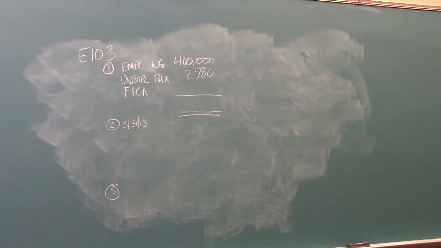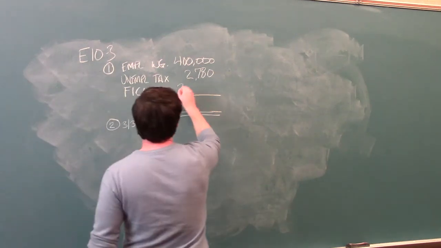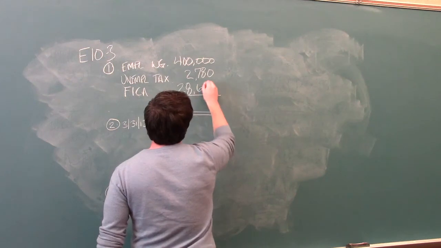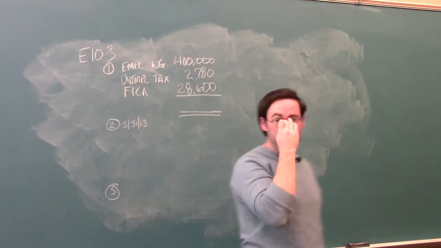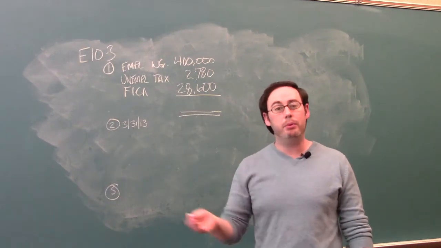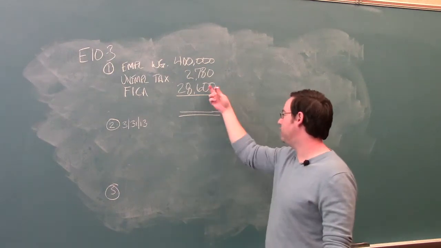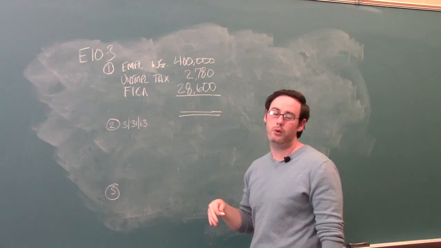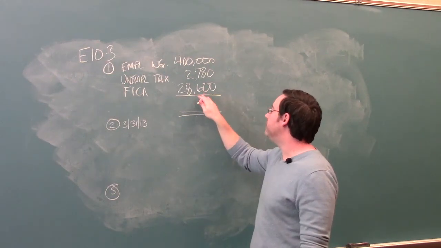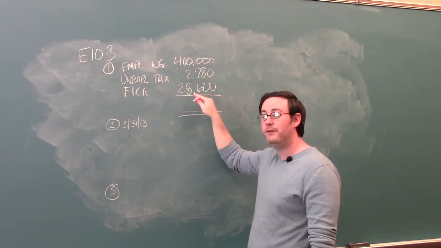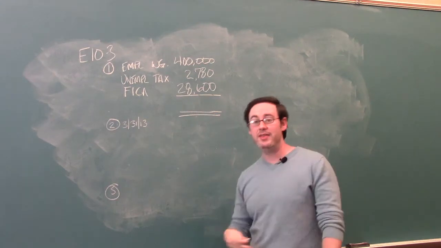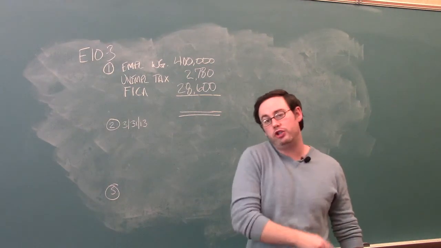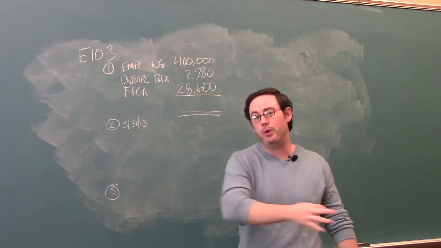FICA is $28,600 in this example, and the employer pays a matching portion to what the employee pays, right? So the employee gets withheld from their paychecks a total of, if it's multiple employees, I don't know if it's one employee making $400,000, but if there's multiple employees here, they get a total withheld here of $28,600, and then that's remitted by the employer to another agency on the employee's behalf.